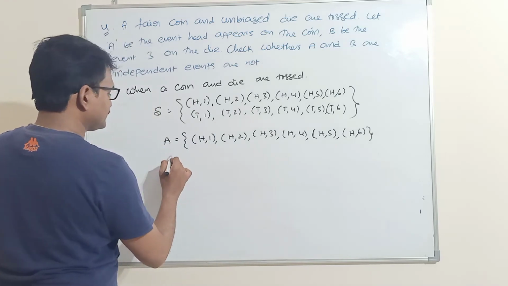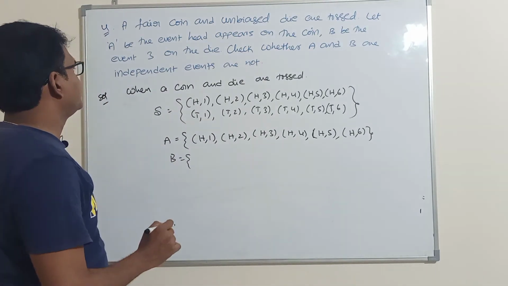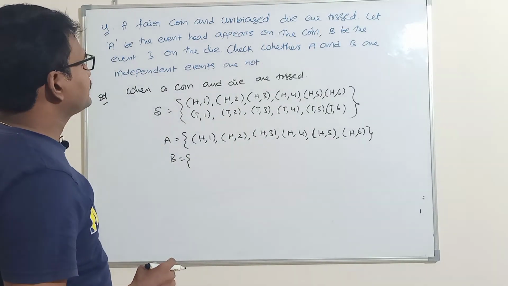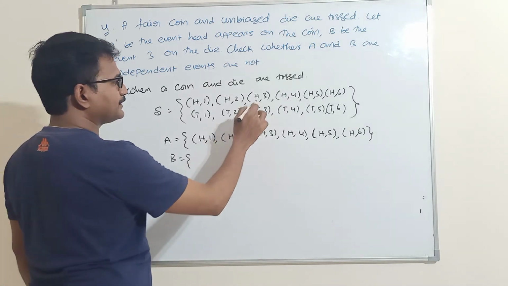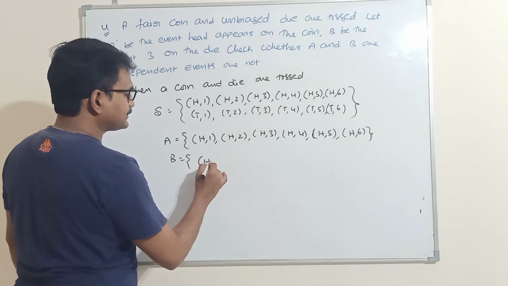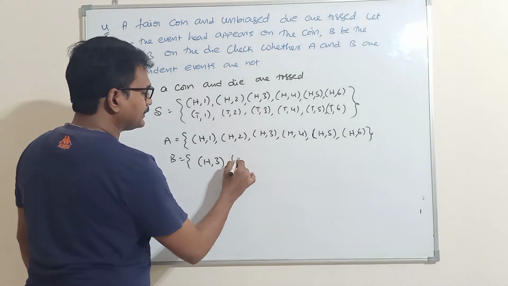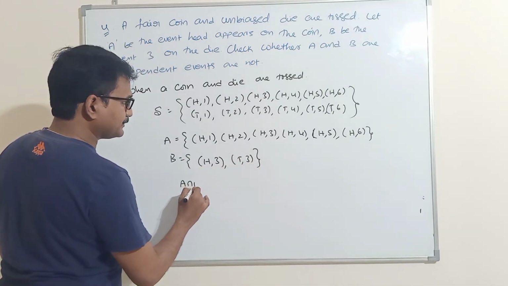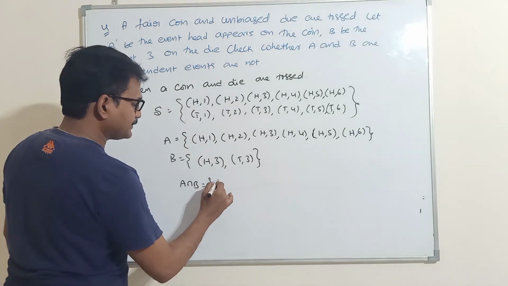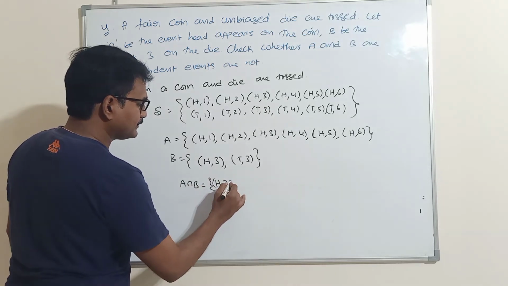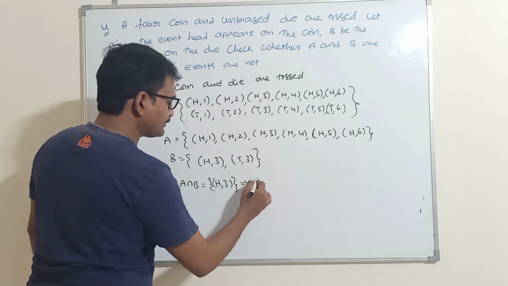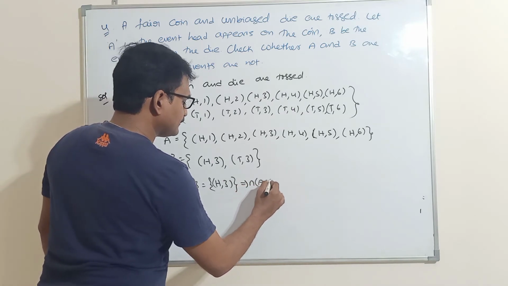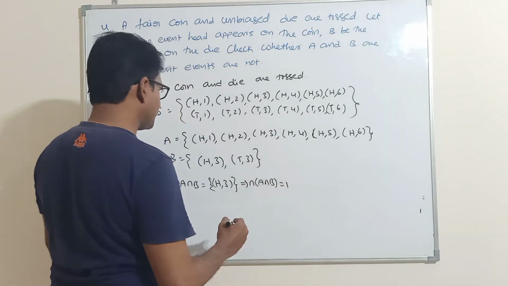Next, B be the event of 3 on the die means either H comma 3 or T comma 3. So what is A intersection B? A intersection B is only H comma 3 as the sample point. Here number of sample points are 1.